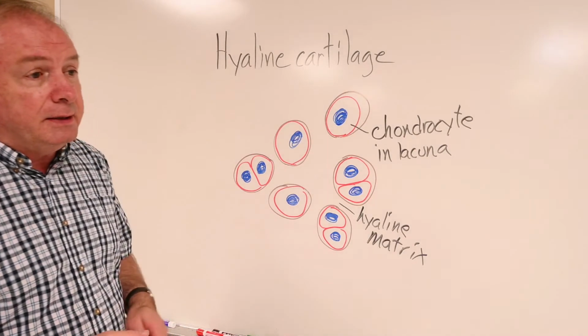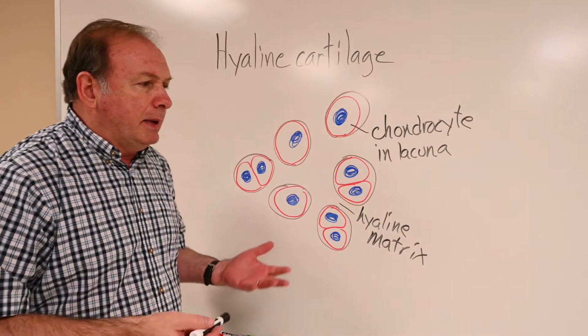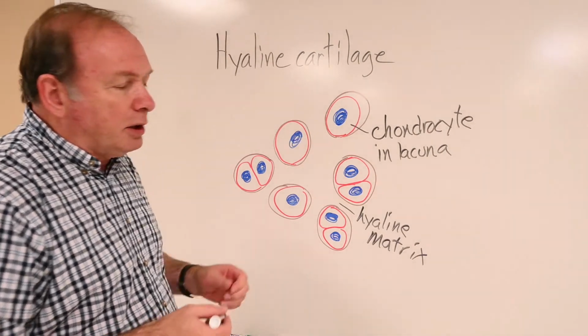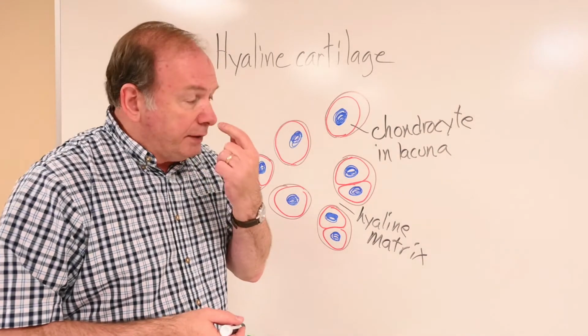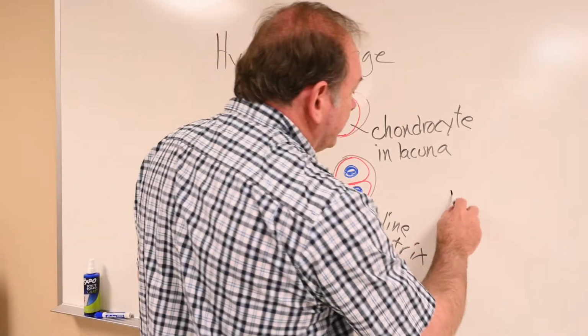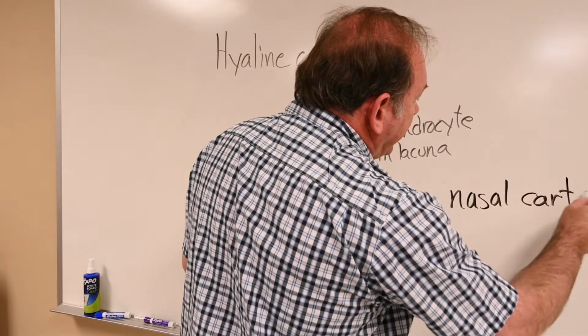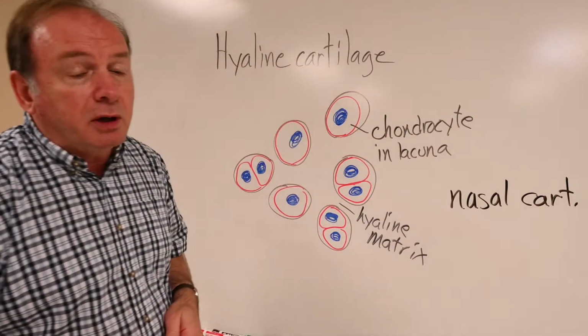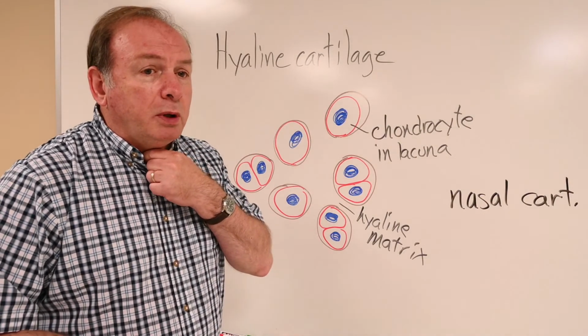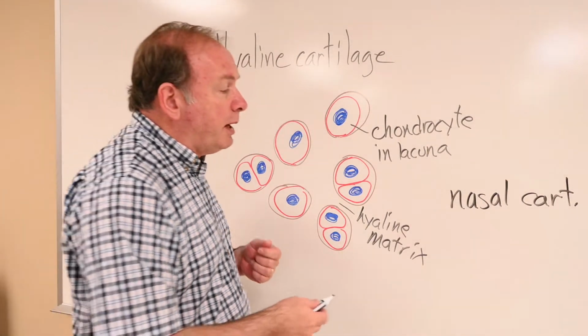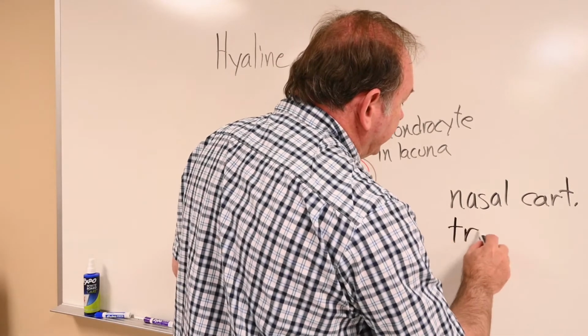Now, where do you find it? Classic identified locations for hyaline cartilage: your nasal cartilage is out there shaping your nose. So nasal cartilage, I'll abbreviate that with C-A-R-T. Also in your trachea, your windpipe, supporting your windpipe, you have a lot of it there.